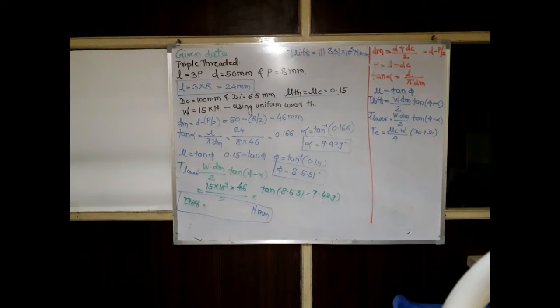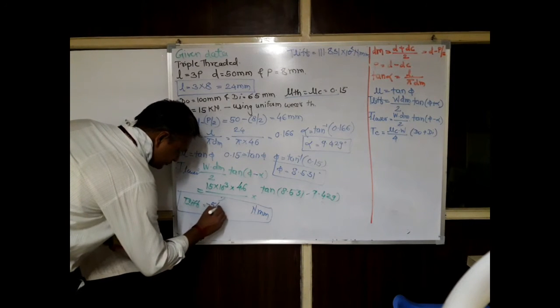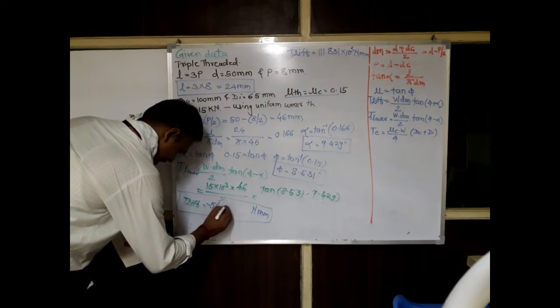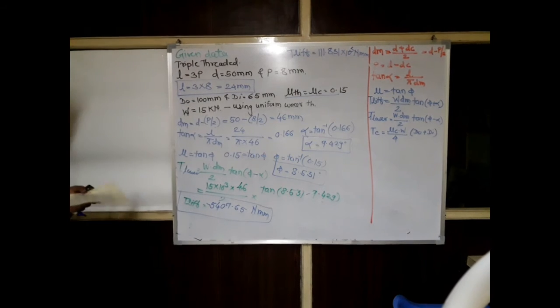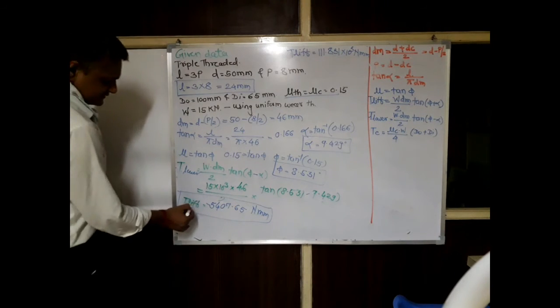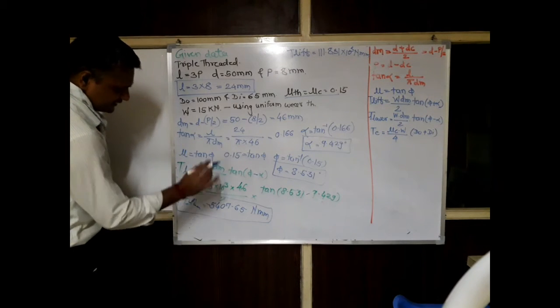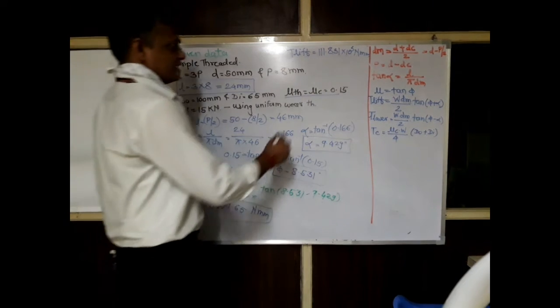It comes to be minus 5407.65 Newton mm. Now, as the value of T lower is negative, it means it is a non-self-locking screw.